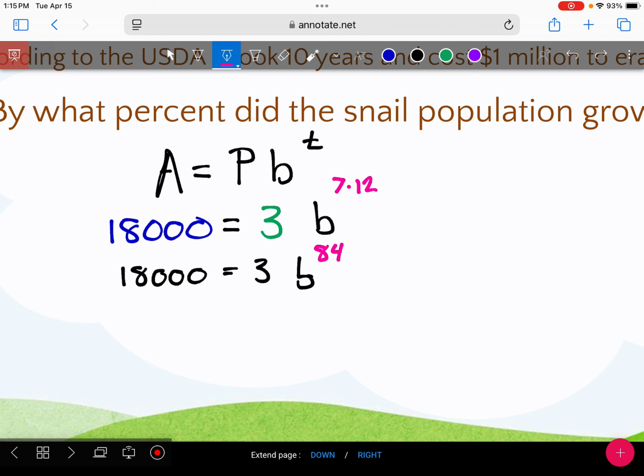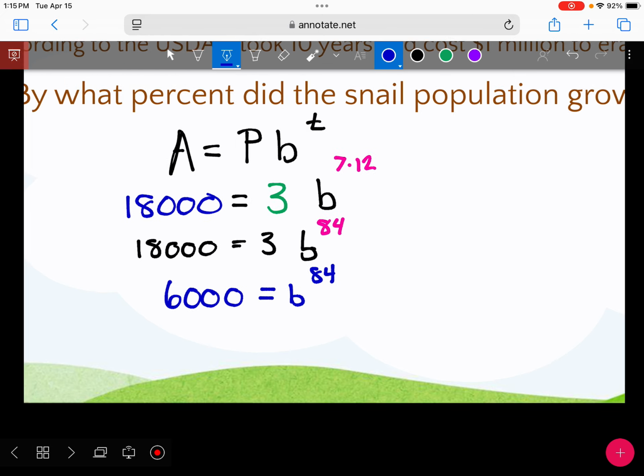So we can go about solving this 100% the exact same way we did on the last one. Start by dividing it by 3. That gives us our 6,000. B to the 84. Ew. But the same way we did it for the first one, where I found my 7th root, we can get our 84th root.